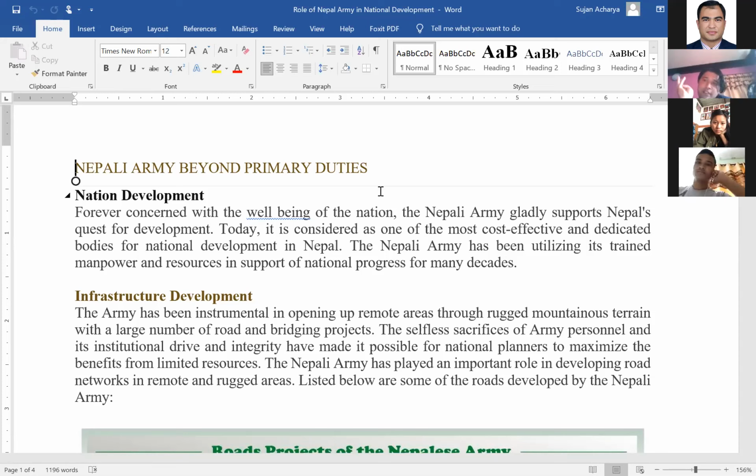If the letter writing section consists of a question related to your aim in life or related to anything like army, role of army in nation building, role of army in peacekeeping, all different types of questions asked in Nepal Army, then this file will help you a lot.